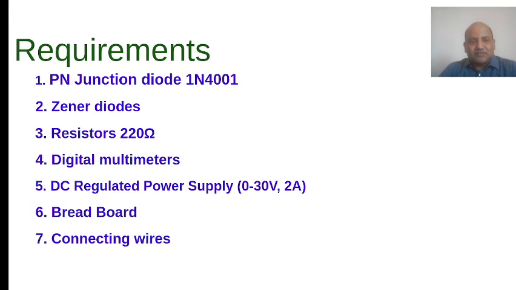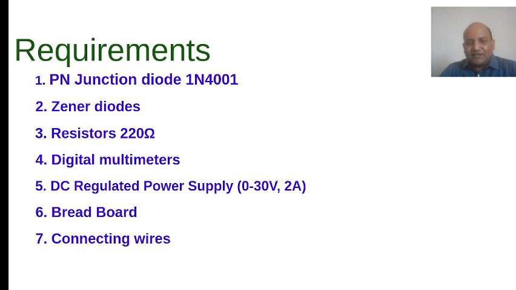So to protect the diode we generally use a resistance. Another device you use in this experiment is a digital multimeter, and another is a regulated power supply.